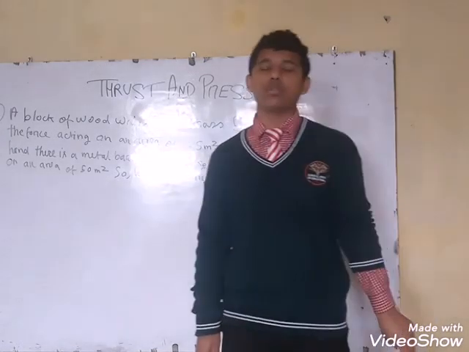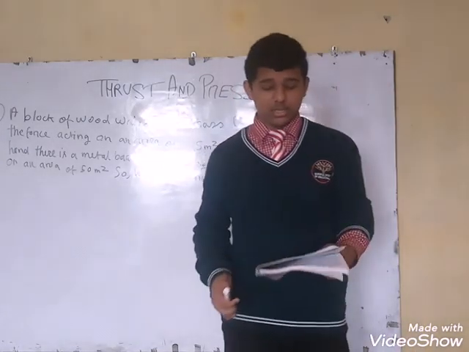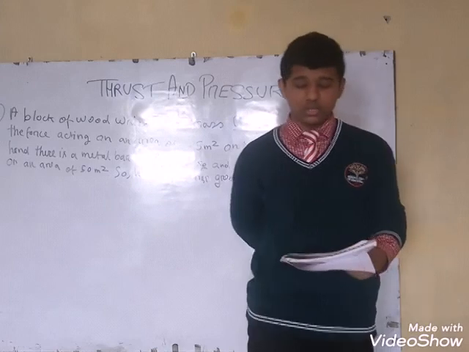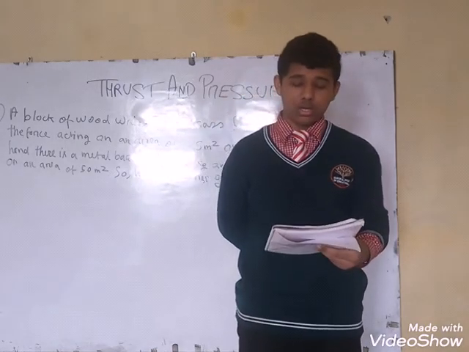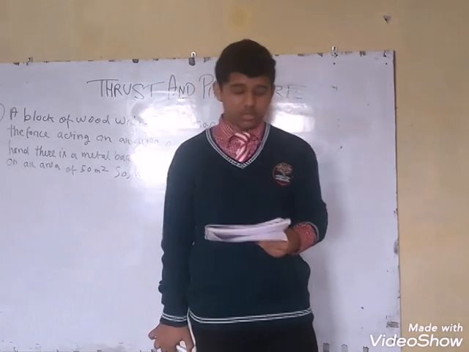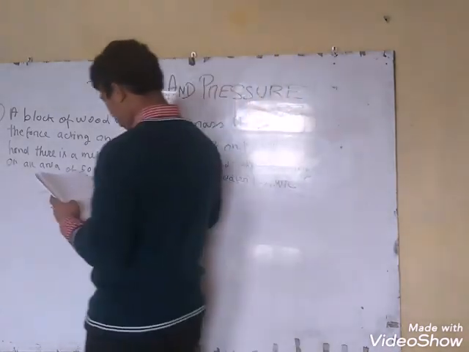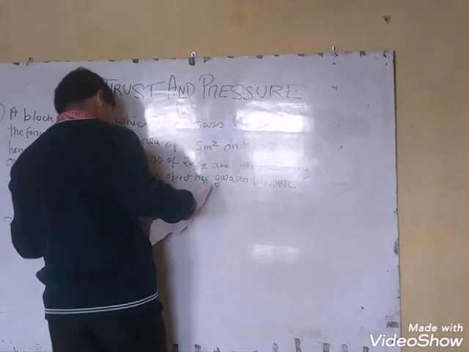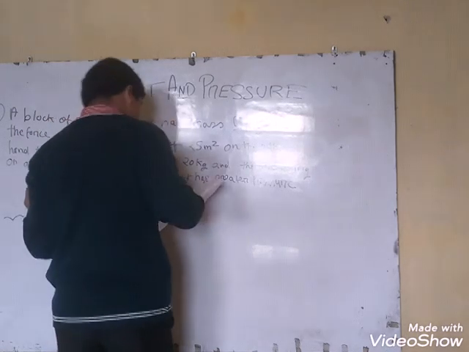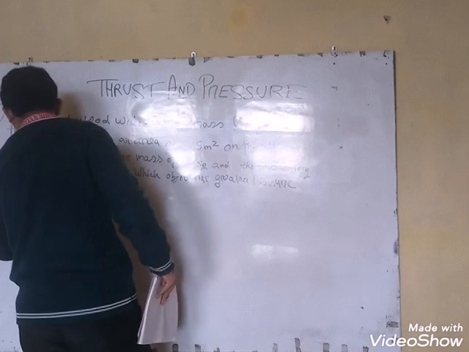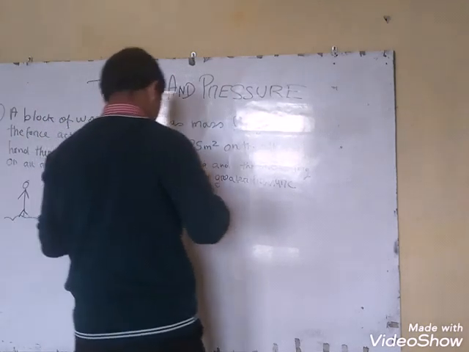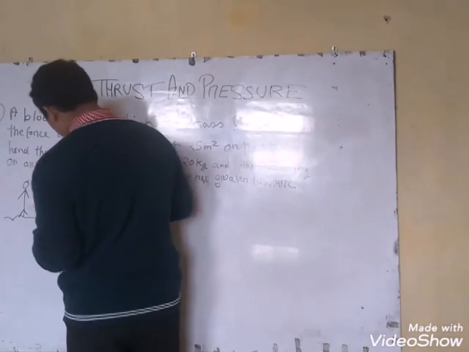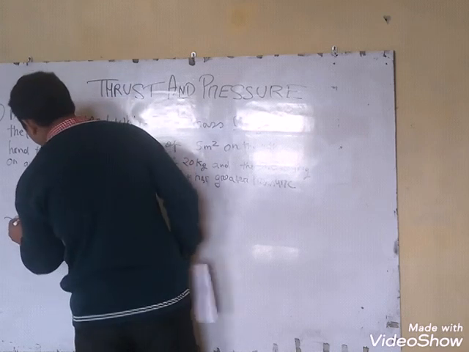So first of all, we have to know what is thrust. Thrust is nothing but a force acting on an object perpendicular to the surface of the land. For example, when we stand on loose sand, we will find that our body will go down deep into the sand.